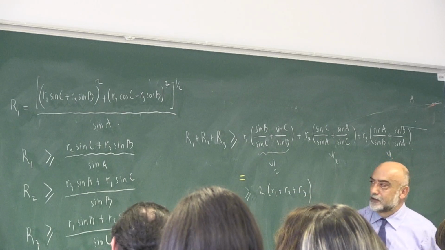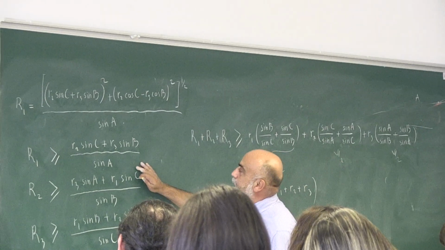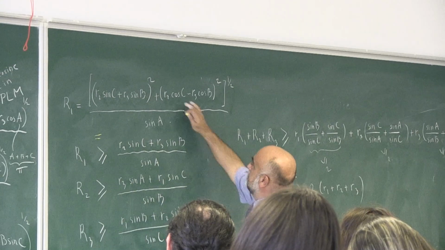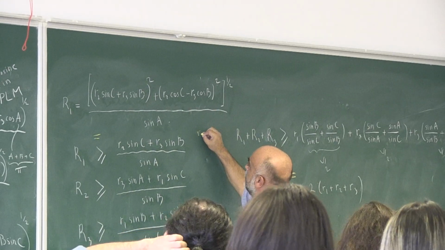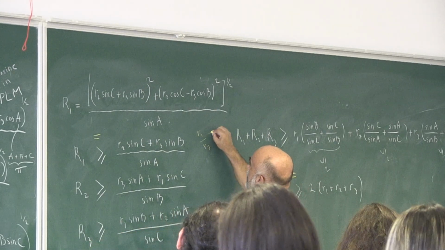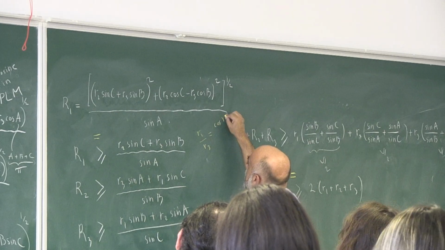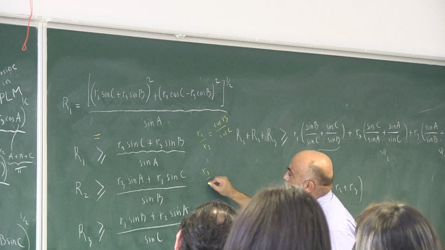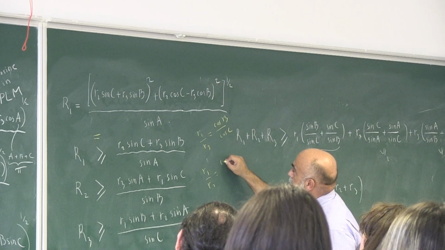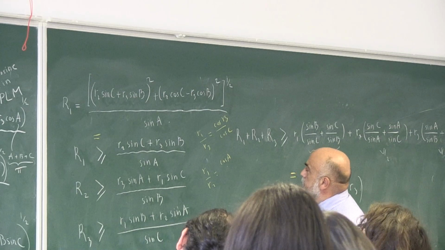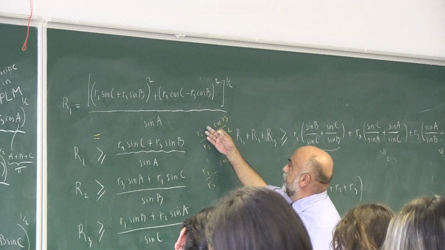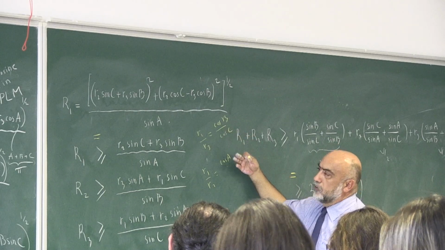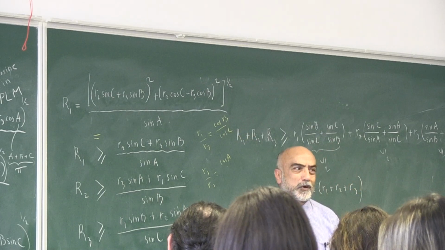Not only that, you see, there is also this step. In each step, in order for this to be an equality, you must have this. You must have R2 divided by R3 equal to cos B over cos C. And you must have R1 over R2 equal to cos A over cos B. So you see, all of them must be proportional to the cosines, and there is only one way of doing it.